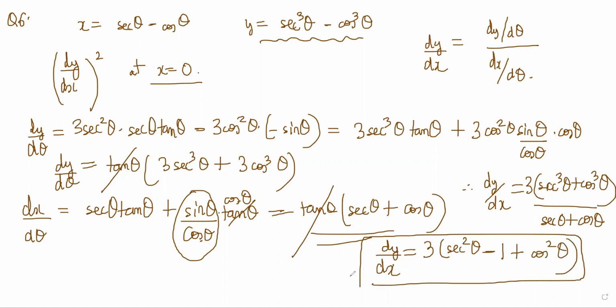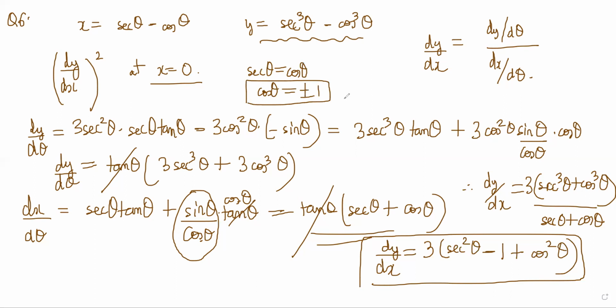Now at which point do we have to evaluate it? We have to evaluate it at x is equal to 0. So x is equal to 0 means actually sec theta must be equal to cos theta there, right? Sec theta is equal to cos theta. Now this can happen only at cos theta is equal to plus or minus 1, right?